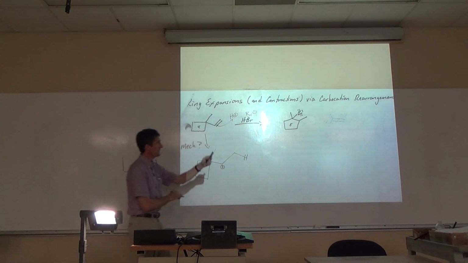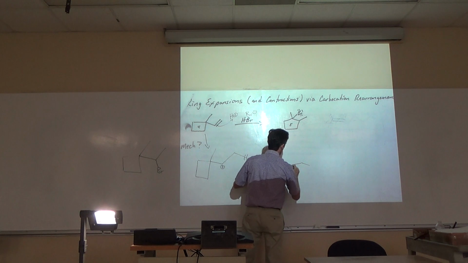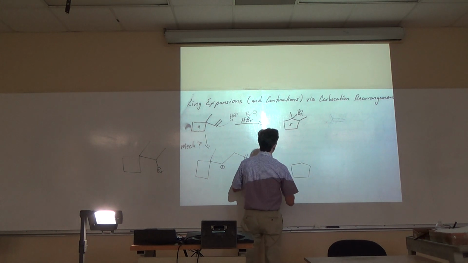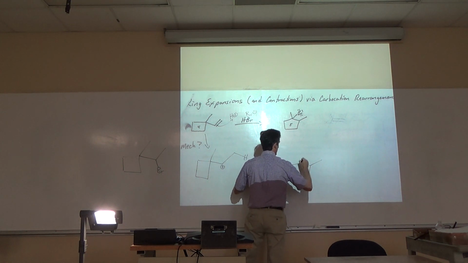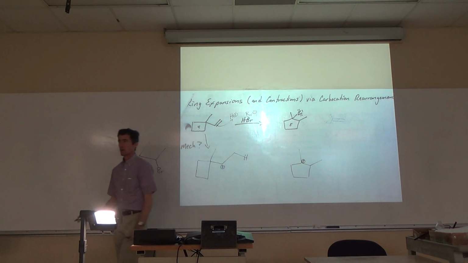We could step over here and say, what cation do we need? If we had that cation, would you be able to take it home from there? That's the cation we need.